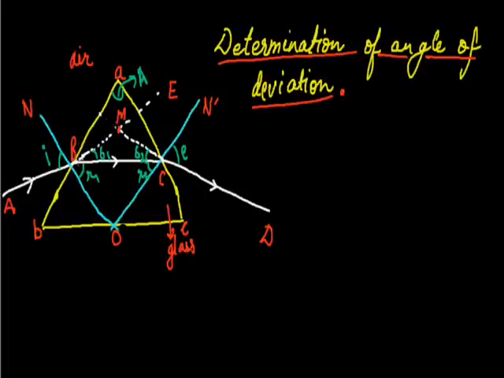Now AB is the incident ray and BE shows the original direction of the incident ray. But when we talk about the refracted ray, the refracted ray is BC. So here the angle of deviation is delta 1, which is angle MBC.